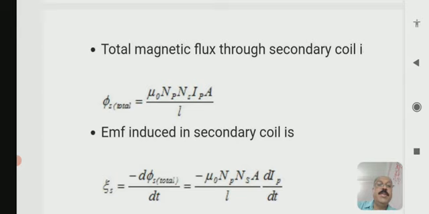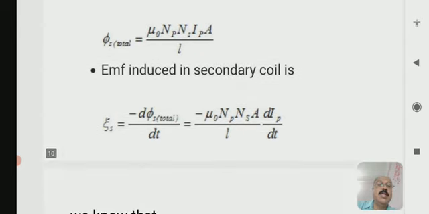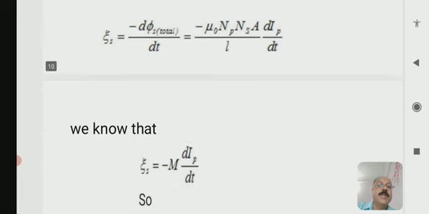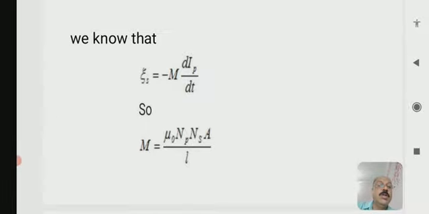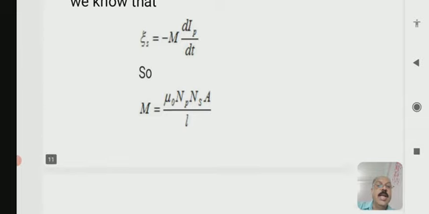The EMF induced in the secondary coil is given by epsilon is equal to minus d phi S by dt, which is equal to minus mu naught NP NS A divided by L into dIP by dt. We know that epsilon is equal to minus M dIP upon dt, according to mutual inductance. So M is equal to mu naught NP NS A divided by L.